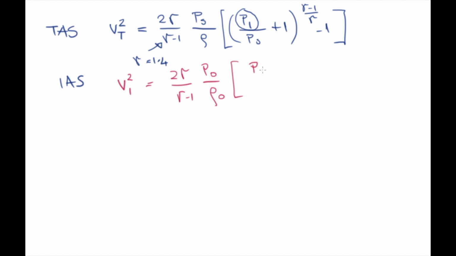And then we're going to have the impact pressure divided by P0 plus 1, to the power of gamma minus 1 over gamma, minus 1.